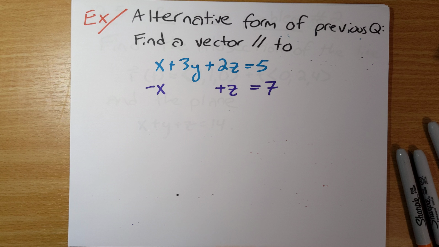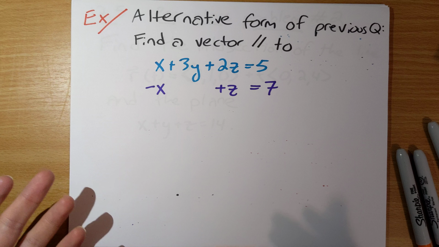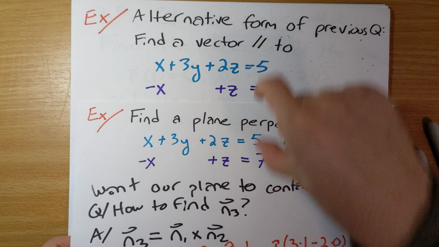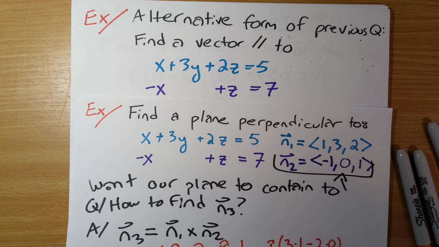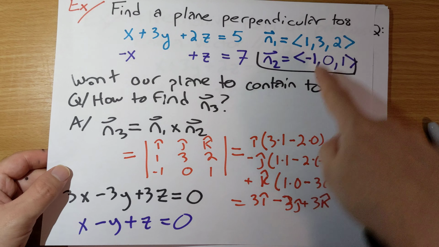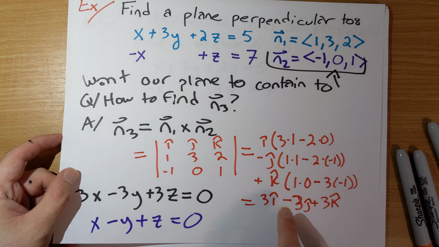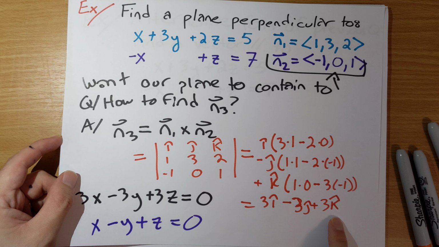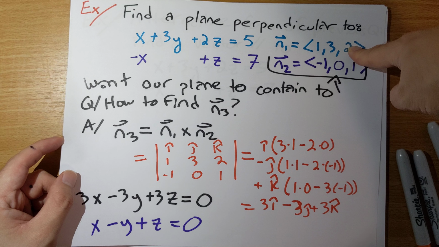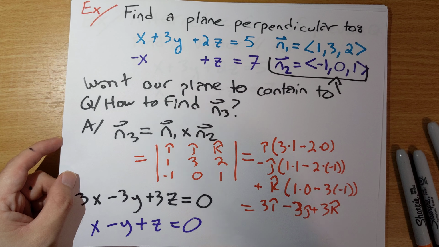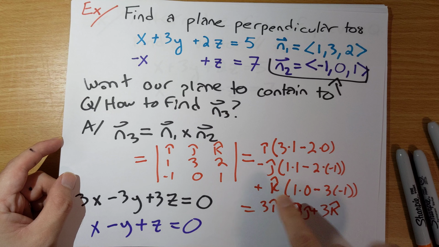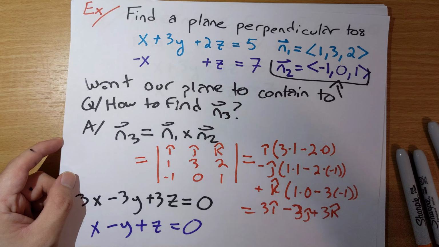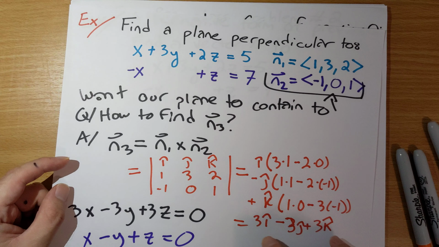An alternative form of the previous question: find a vector parallel with these two planes, where those two are the exact same planes. Well, we already did that. If our n3 here, 3i minus 3j plus 3k, is perpendicular to the normal vector for the first plane, it's parallel to the plane.